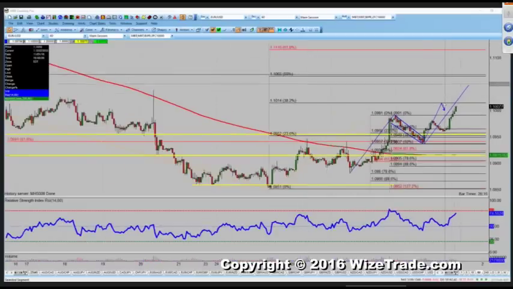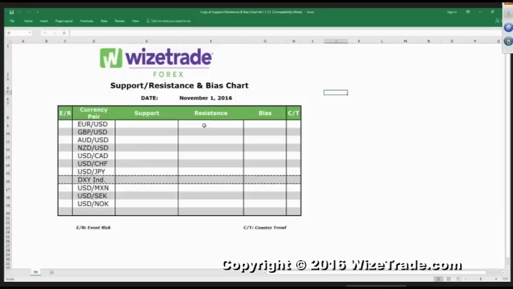So I'm going to write down two levels of resistance. First level of resistance is 110.15, which is the 38% retracement. 110.50, gosh, I got the hiccups, is the flag completion.